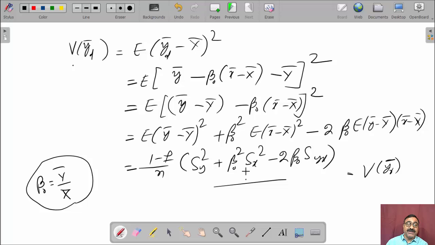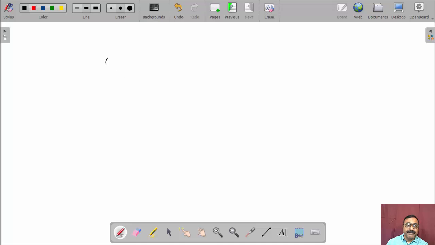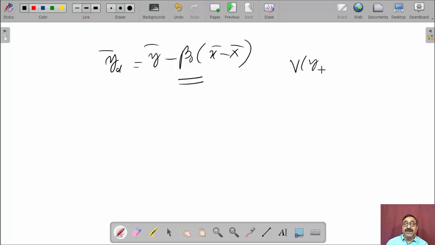Now in the difference estimator y d bar, we have y d bar equal to y bar minus beta 0 times small x bar minus capital X bar. This beta 0 is a constant. So the constant beta 0 may take different values, but we have to determine a value of beta 0 for which the difference estimator is more efficient.